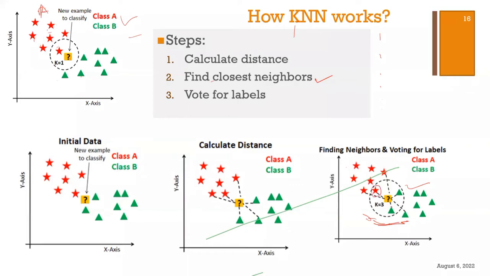We select the 3 that are closest to this sample out of the 15 available samples, and we rank them. 2 of them belong to class B and 1 belongs to class A. It means this sample is going to belong to class B. Majority carries the vote. That is K nearest neighbor.